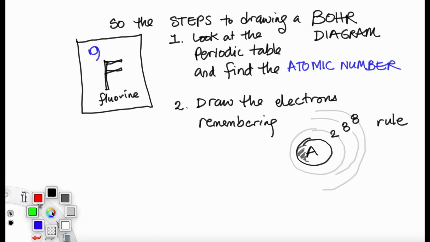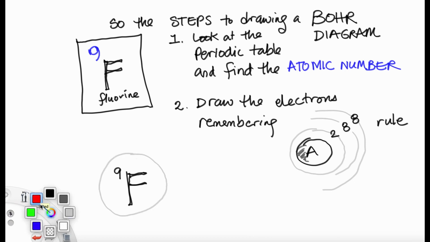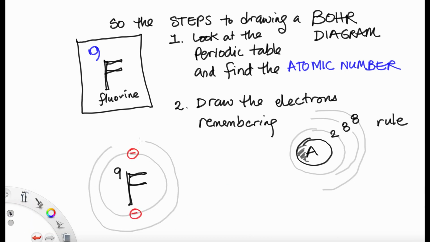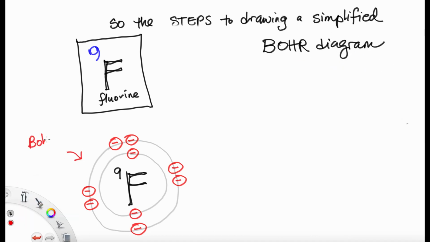So fluorine, the first orbit would contain 2 electrons and the second orbit would contain 7. That adds up to 9. And the simplified Bohr, you just write the number of electrons, 2 and 7.